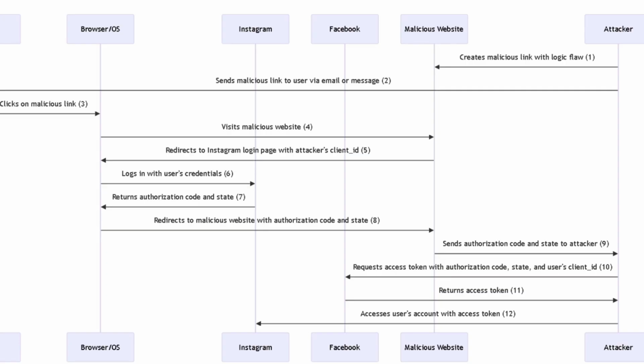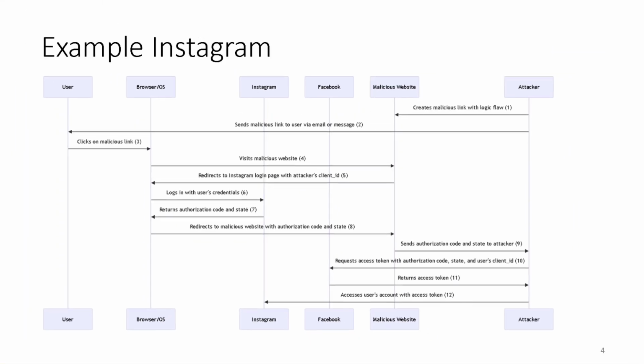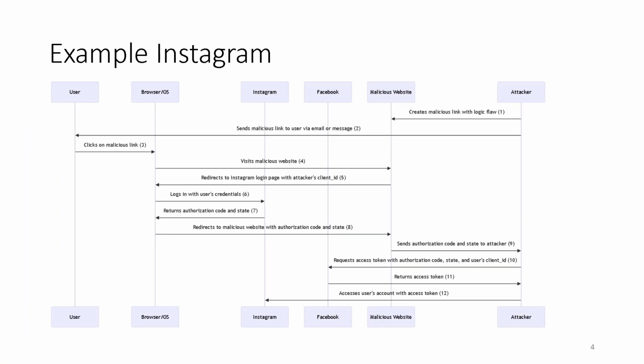The attacker can then use them to request an access token from Facebook. The malicious website sends the authorization code and the state value to the attacker, who can then use them to request an access token from Facebook. The attacker requests an access token from Facebook using the authorization code, the state value, and the user's client ID.